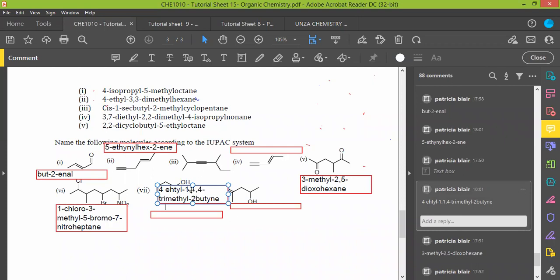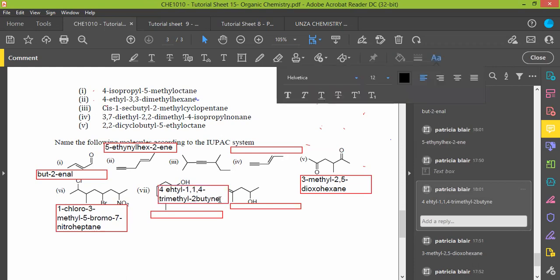So in naming this particular molecule, you needed to say 2, 5. That is 1, 2, 3, 4, 5. So 2,5-dimethyl. And then on position number 3, that's where your triple bond is.